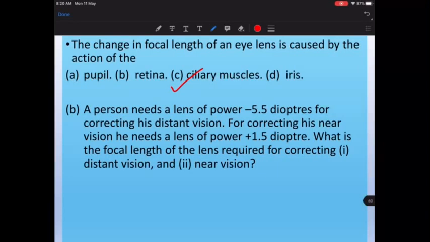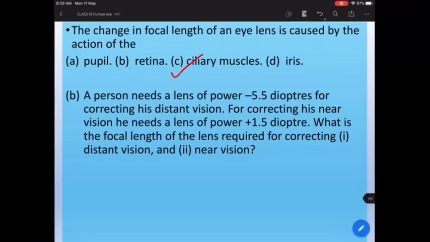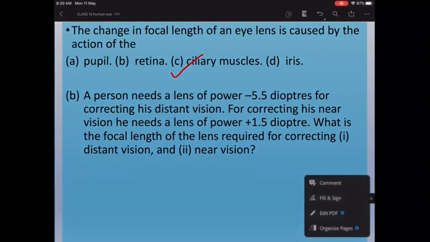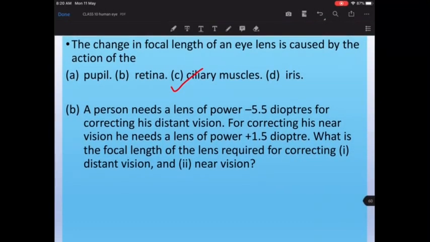Now, next one is, a person needs a lens of power minus 5.5 diopters for correcting his distant vision. For correcting his near vision, he needs a lens of power plus 1.5 diopters.